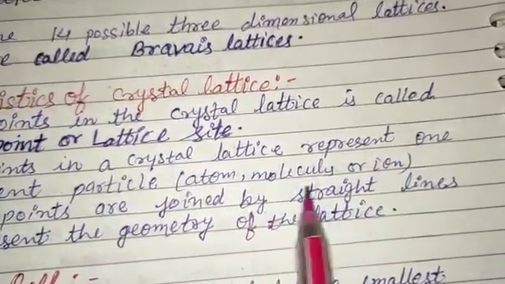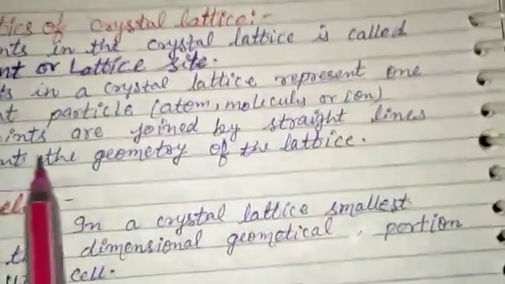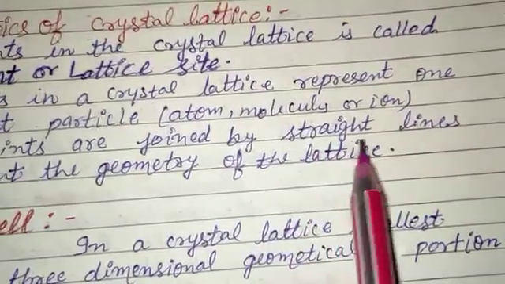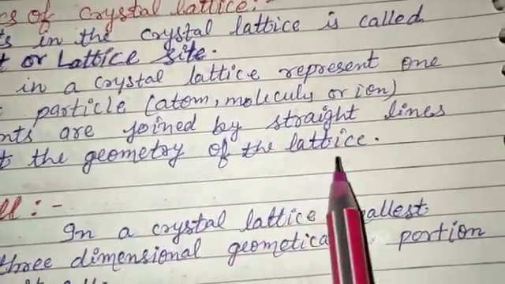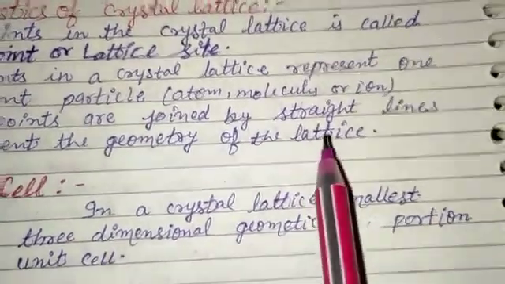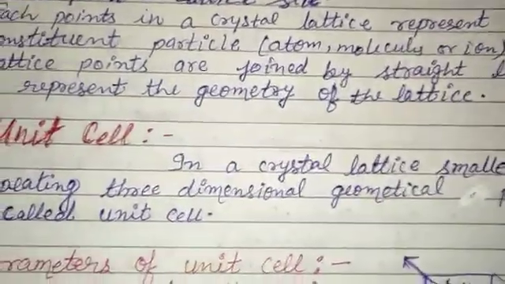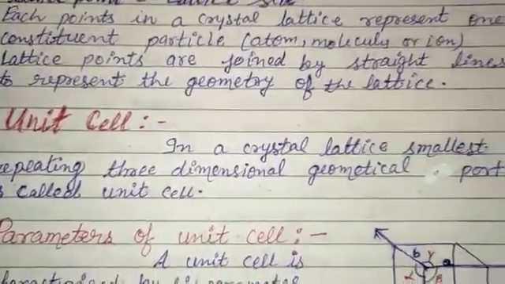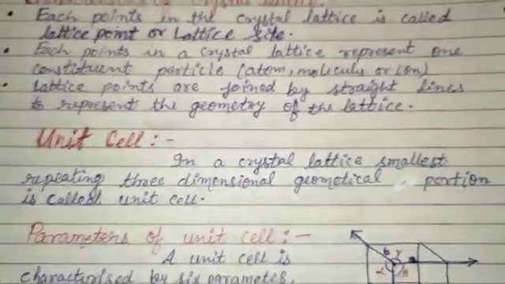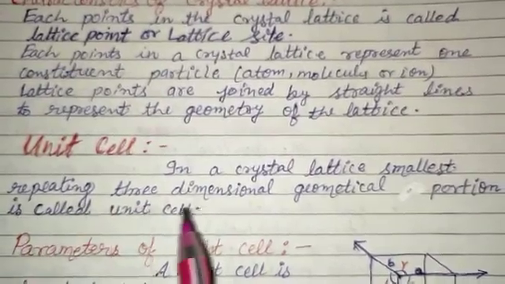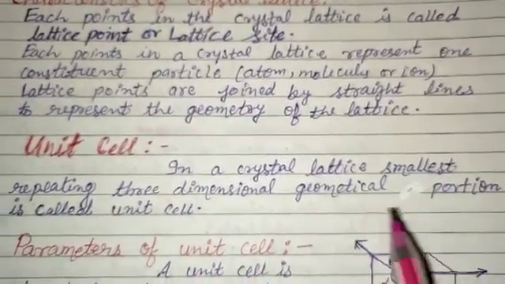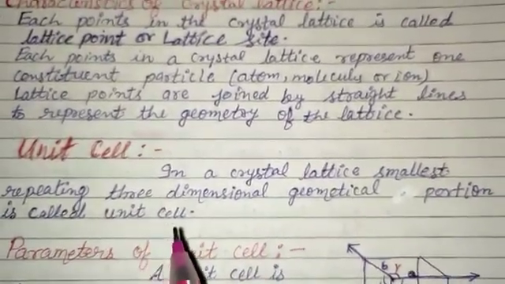It may be an atom, molecule or ion. Lattice points are joined by straight lines to represent the geometry of the lattice. Now see the unit cell. What is a unit cell? I told you just now. In a crystal lattice, the smallest repeating three-dimensional geometrical portion is called a unit cell.